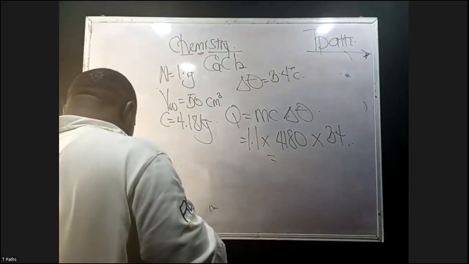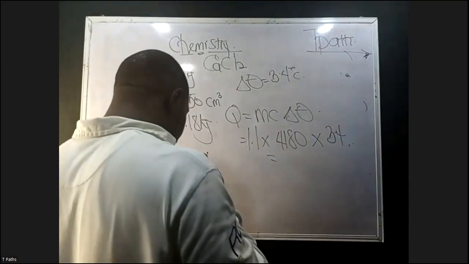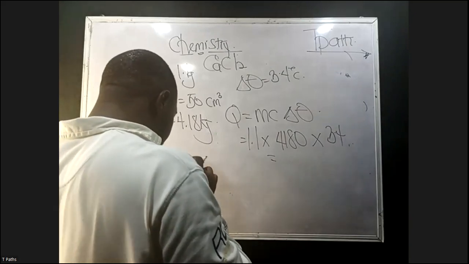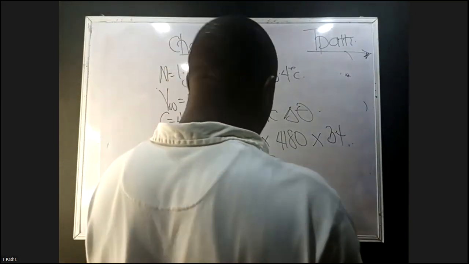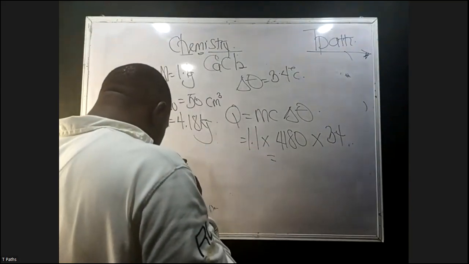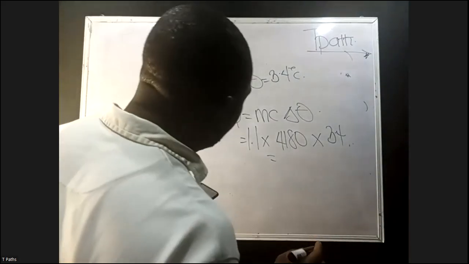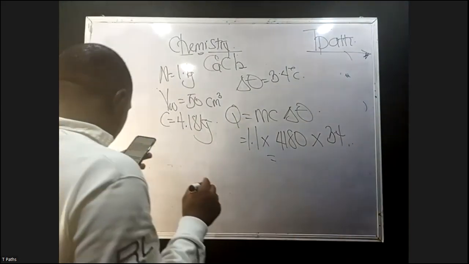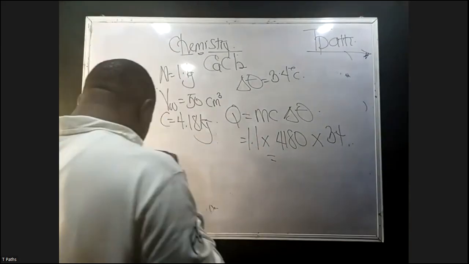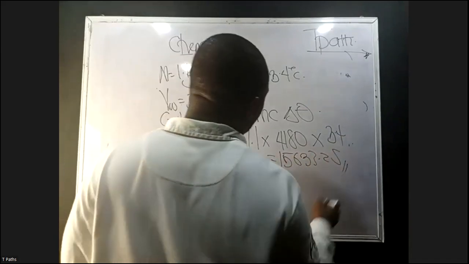So let's evaluate that first. 4180 times 1.1 times 3.4, I'm having 15633.2 joules.